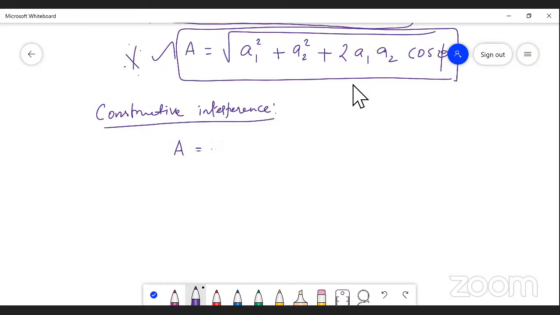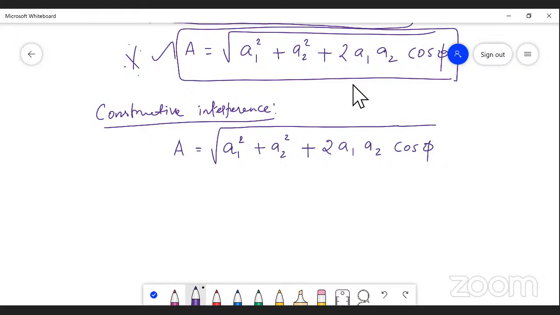Amplitude is equal to the square root of A1 square plus A2 square plus 2A1 A2 cos phi. Listen, very important: the cos phi, the phase difference, decides constructive or destructive. Whether the point P is constructive or destructive, the deciding factor is cos phi, the phase difference. It is very, very important.